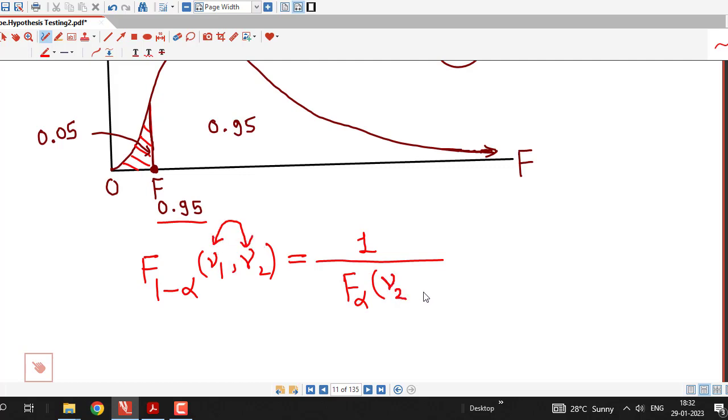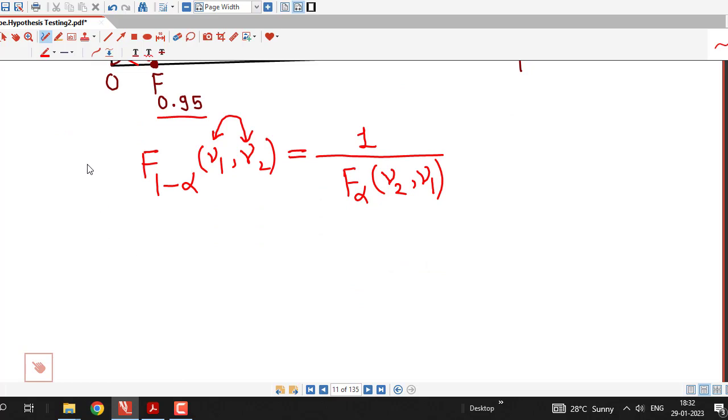So here I write the denominator degrees of freedom and here the numerator degrees of freedom. I am interested in the value of F suffix 0.95. Here the degrees of freedom are the same, both are 11.